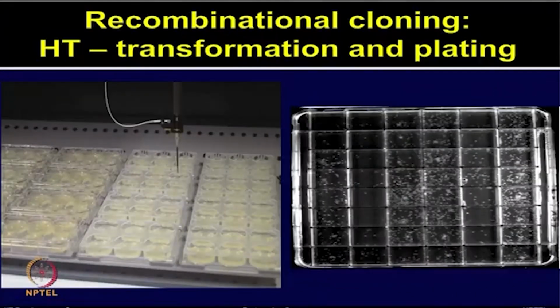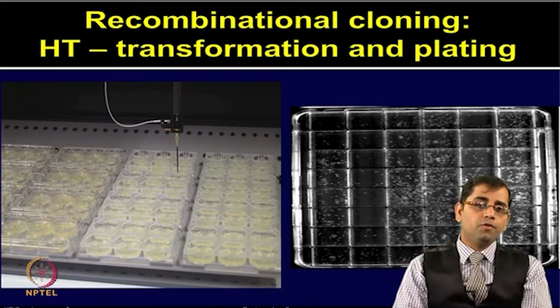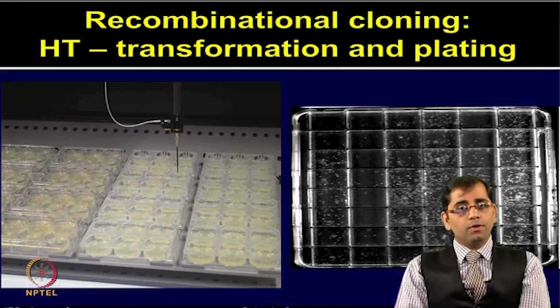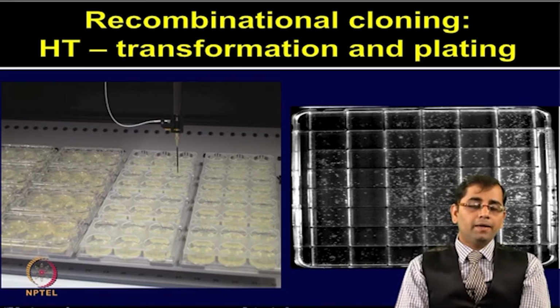In recombinational cloning, a high throughput method of doing transformation and plating is very crucial. Therefore, automation during the bacterial plating and colony picking reduces the error rates.